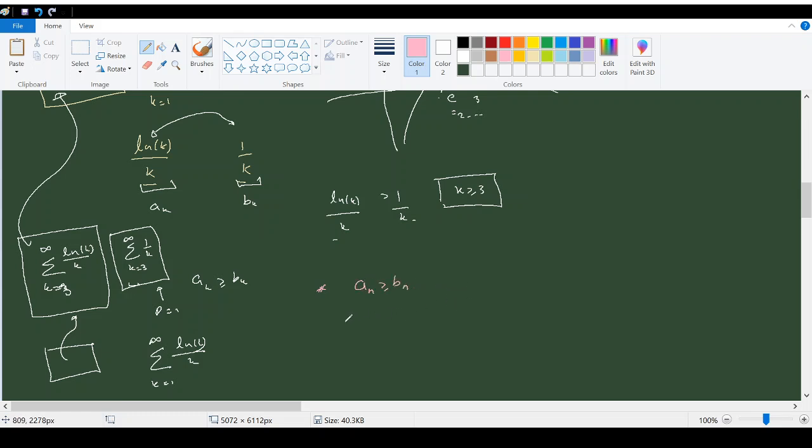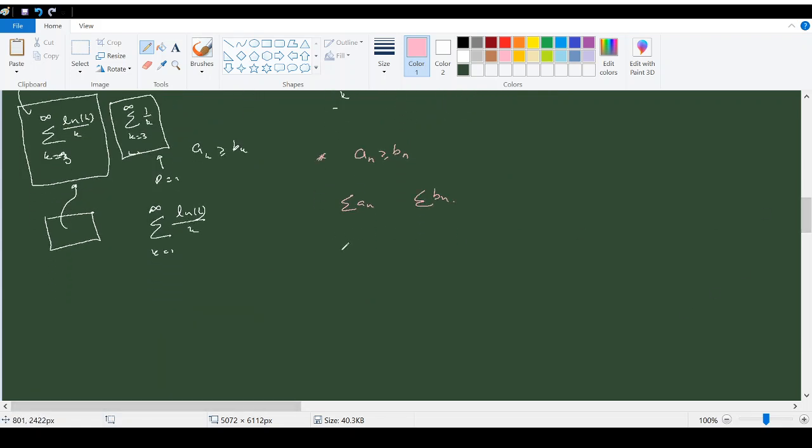So if we have two series like this, and if we list down the terms like this, A1, A2, A3, A4, A5, and likewise, and B1, B2, B3, and likewise, we are comparing these corresponding terms only.